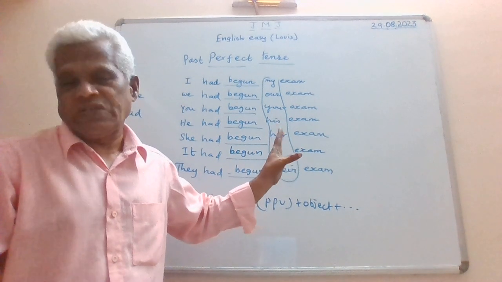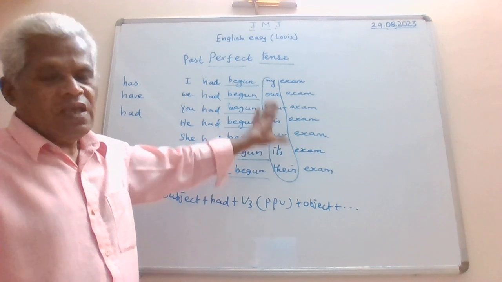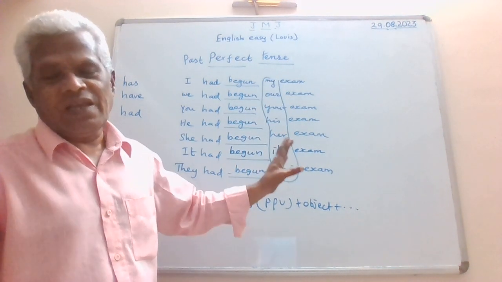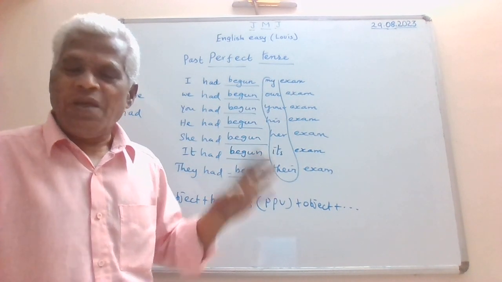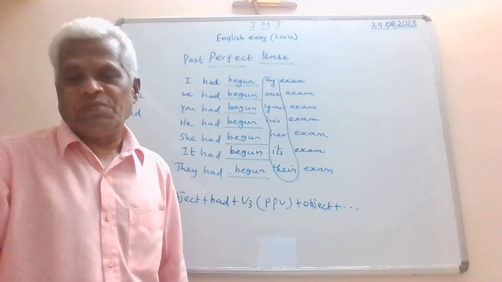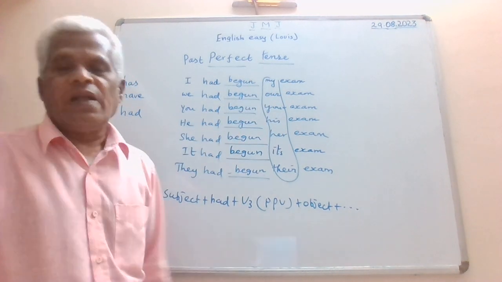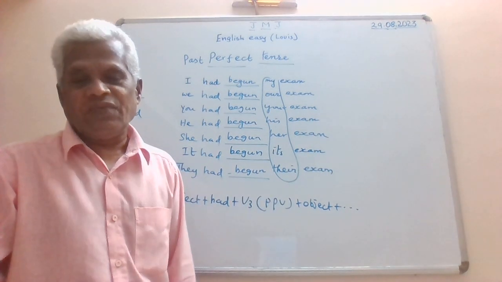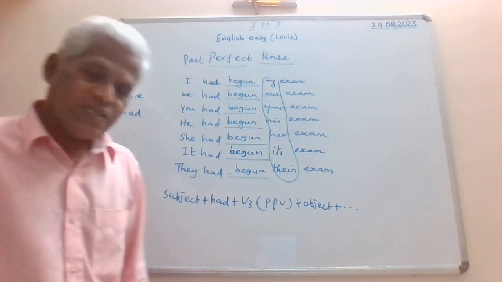So don't confuse yourself, because if you don't write this, the meaning is not completed. See, "I had begun exam" — you can say it, but the meaning is not complete. So when you write the possessive word, the meaning is completed. So don't get confused in your understanding.